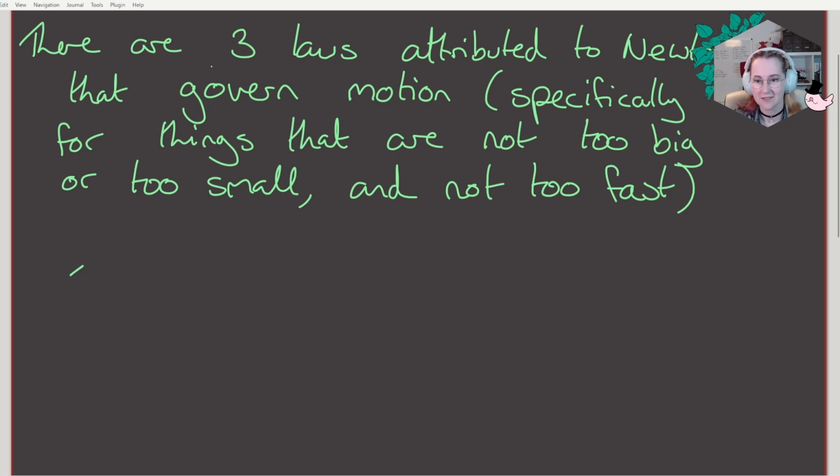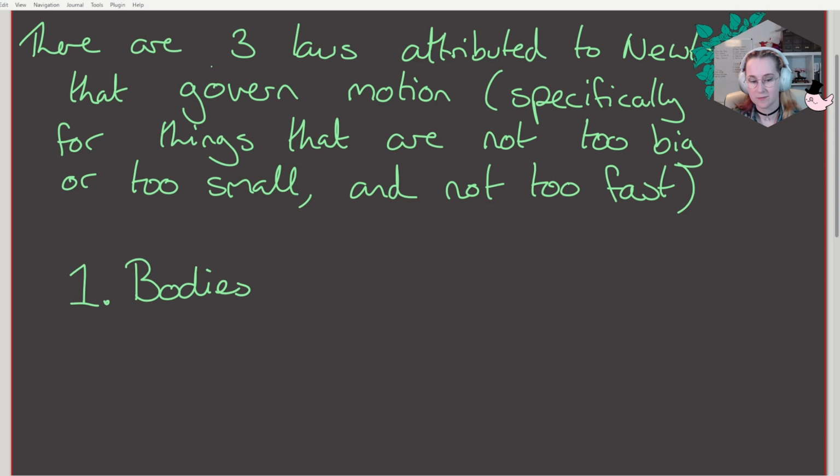So what are they? Number 1. Some people say bodies of motion stay in motion. Some people say things unacted upon by a force will remain at constant velocity.